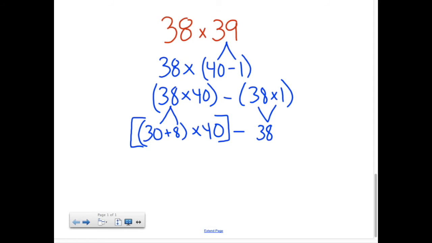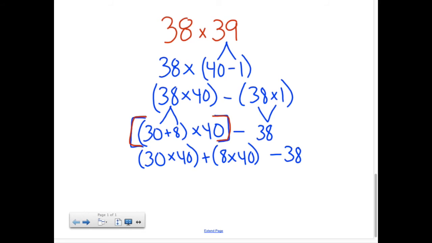Now I can see, if I look inside my brackets here, that I can use the distributive property. So I'm going to distribute the 40 here and rewrite it as 30 times 40 plus 8 times 40. And I don't want to forget about the 38.